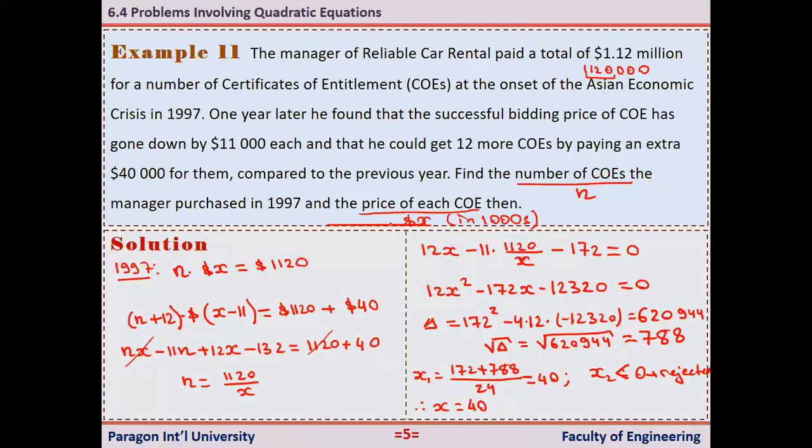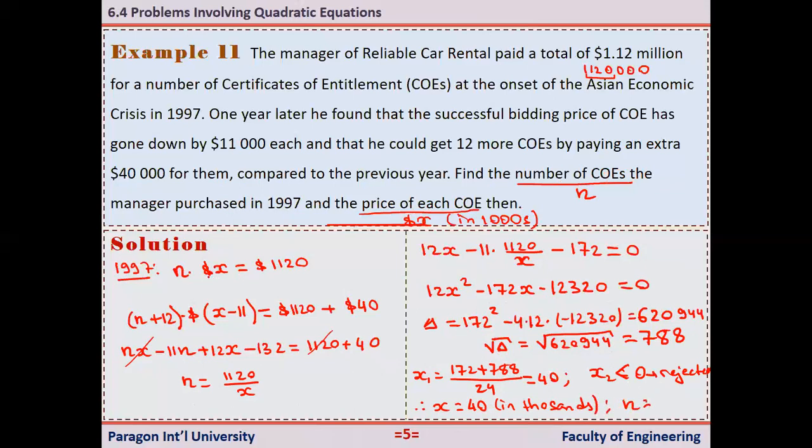So the answer is: x, the price of the COEs the manager purchased in 1997, is 40. It is a price, right? Actually, it is 40,000, that is 40 in thousands. And how about n? How many did he buy?